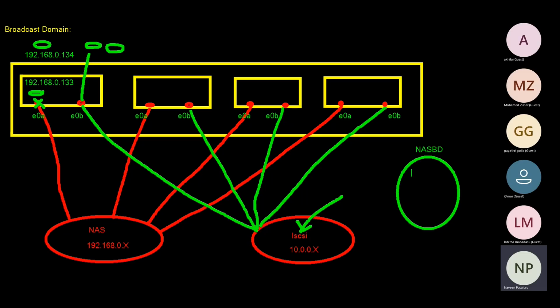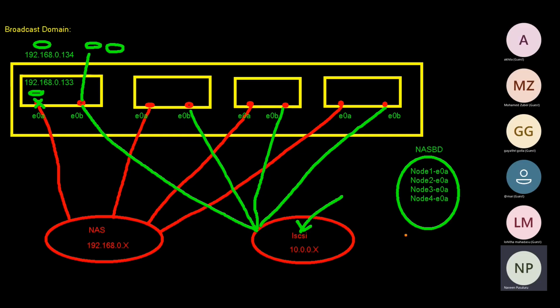I'll put node 1 E0A, node 2 E0A, node 3 E0A, node 4 E0A, like that, all the E0As on all nodes into this particular broadcast domain. I just created a broadcast domain and added all of them to it.